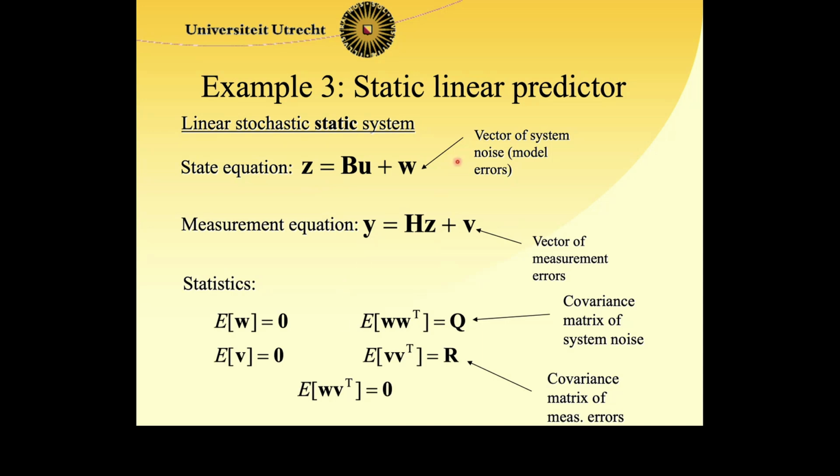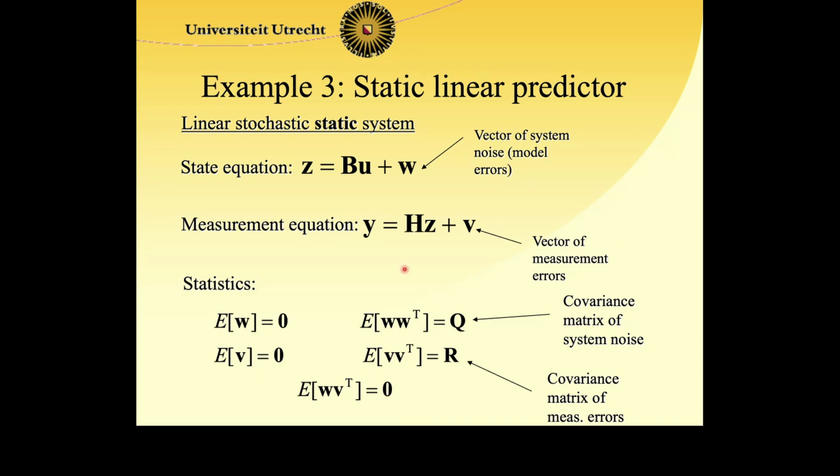We assume that the vector of system noise has a 0 expected value, and the covariance is known. We also have that the measurement error is mean 0, and the covariance of the measurement error is known, and of course the measurement error and the model error are assumed to be independent.